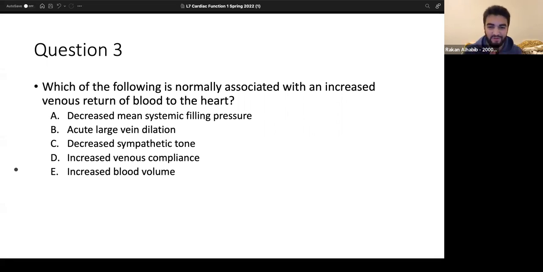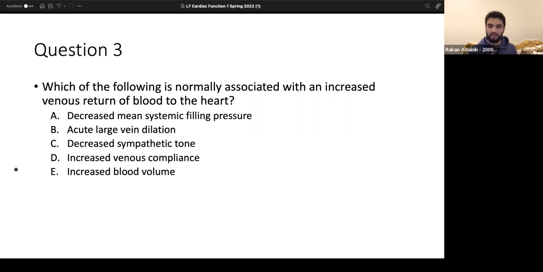Okay, great. Most of them are saying E. I saw someone say C and someone said D. So why is it E and not C and D? If I have a decreased sympathetic tone, therefore my compliance will increase.